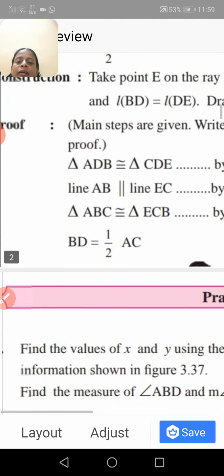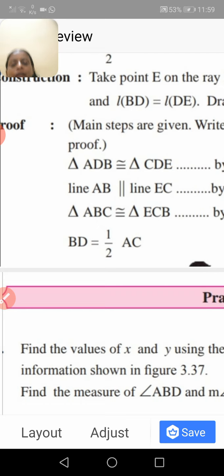Then by using the congruency concept, we can take BD equal to half of AC. You have to go through all these steps properly, and then you can understand the theorem very well.